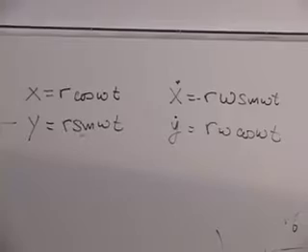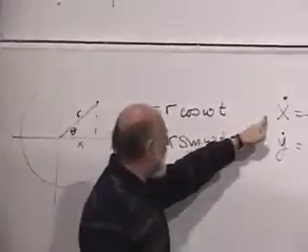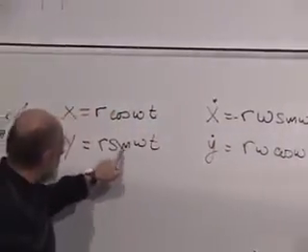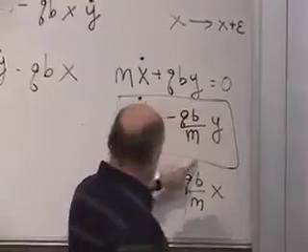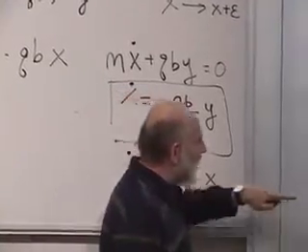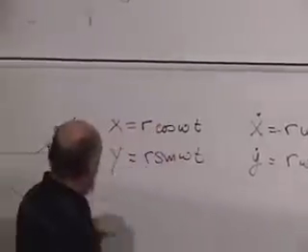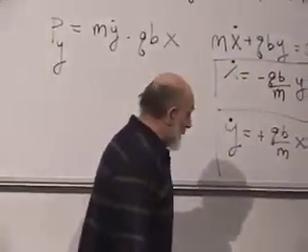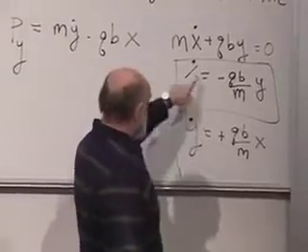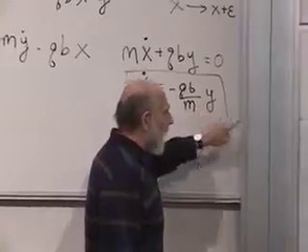X dot is supposed to be minus something times y, and y dot is supposed to be that same something times x. In order to find out what omega is, we just have to match these equations. So here we have x dot is equal to minus qb over m times y.